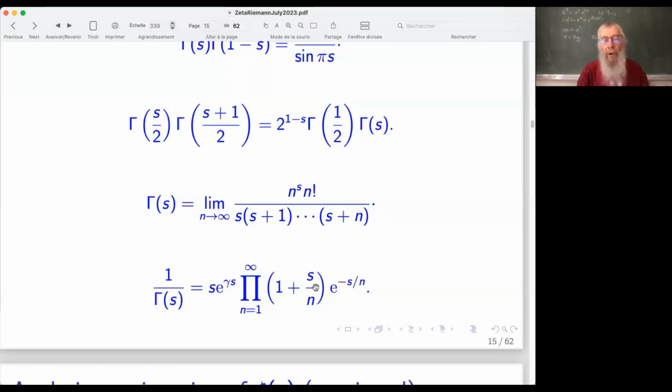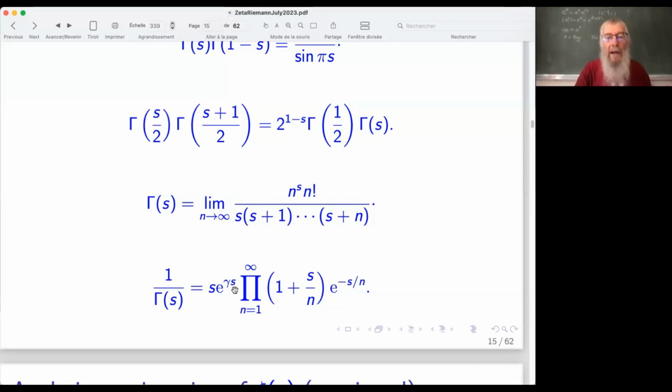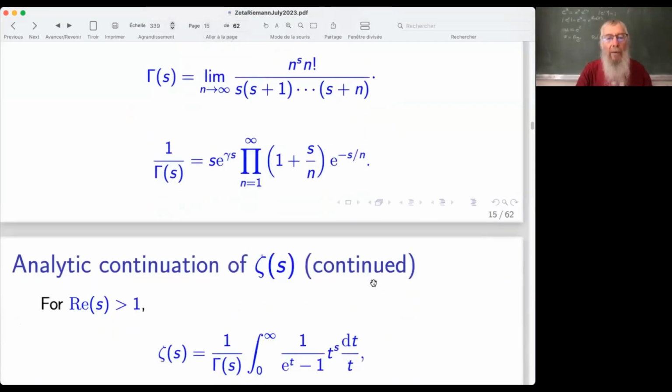The expansion of the logarithm of 1 plus s over n starts with s over n, and the next term is s squared over n squared, and the sum of 1 over n squared is a convergent series. And then we have a function which will be an exponential function. It turns out that this exponential function is exponential of gamma s, and gamma here is again the Euler constant. And for that, again, you can look at the growth of these two members and see that this function should be of the form exponential of a plus bs, and we compute a and b by taking some special values.